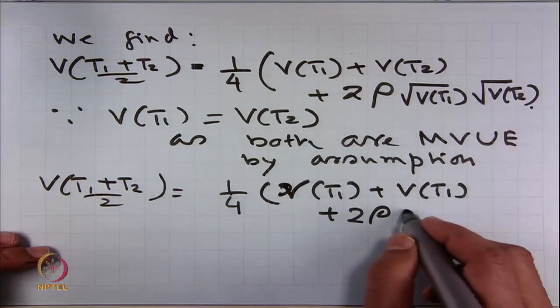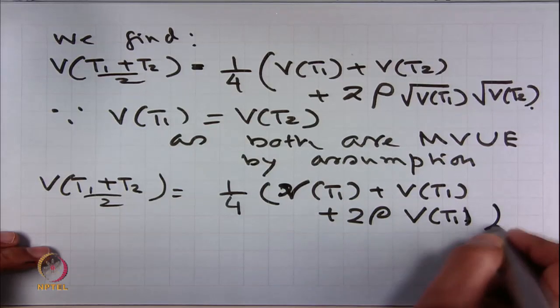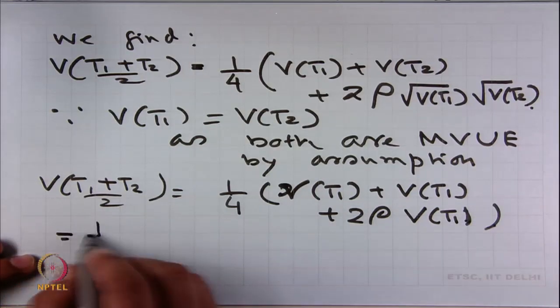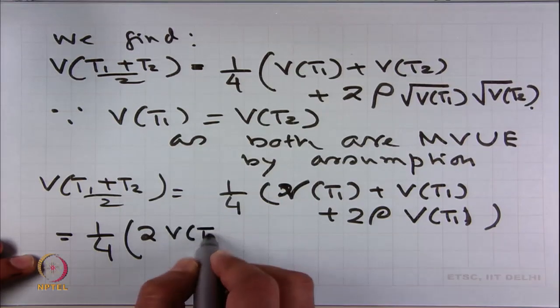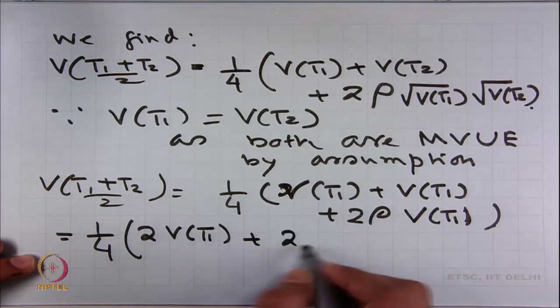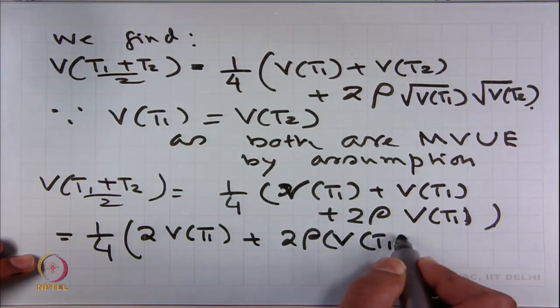So, I can write it as 1 by 4 times 2 variance of T1 plus 2 rho into variance of T1.